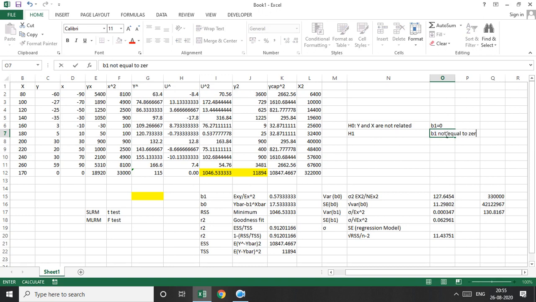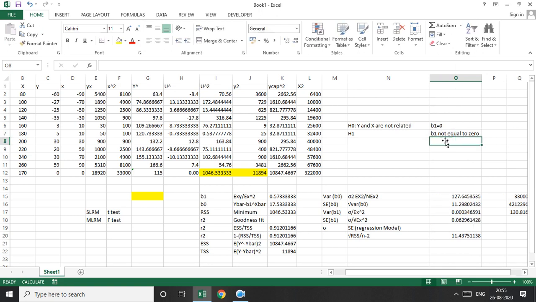If I give not equal to, then it will be a two-tailed test. A two-tailed test can be determined by just looking at the symbol in the alternative hypothesis. Here it is the not-equal-to sign, so our test will be a two-tailed test.